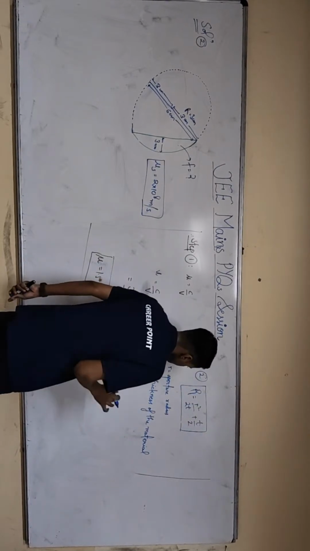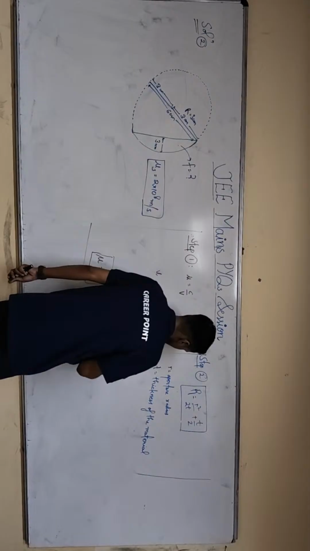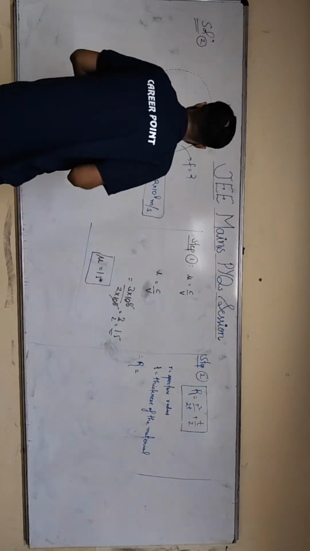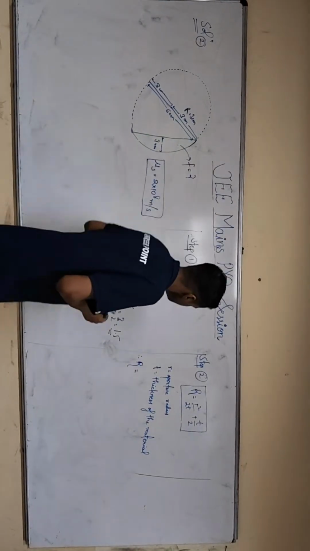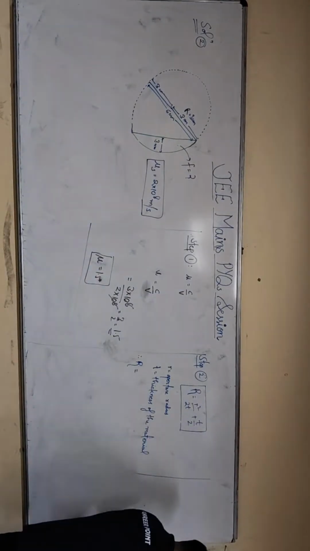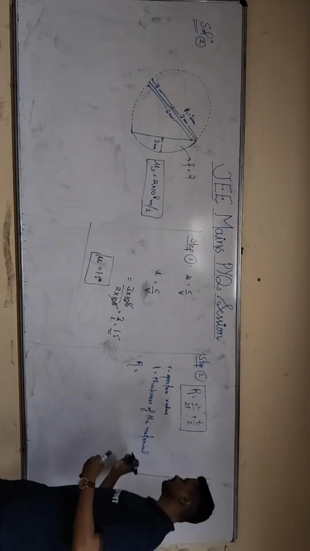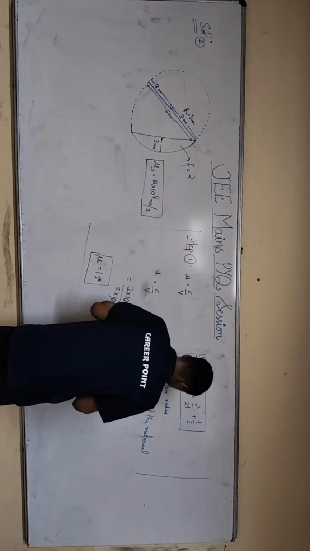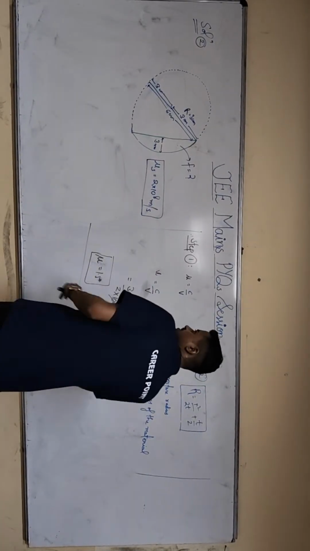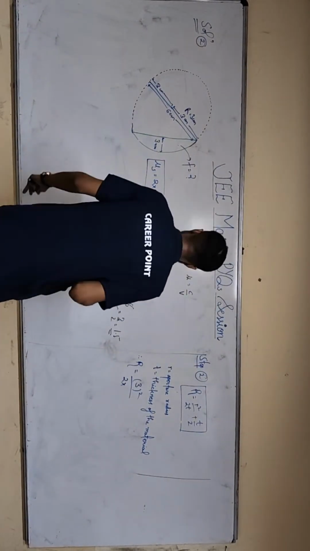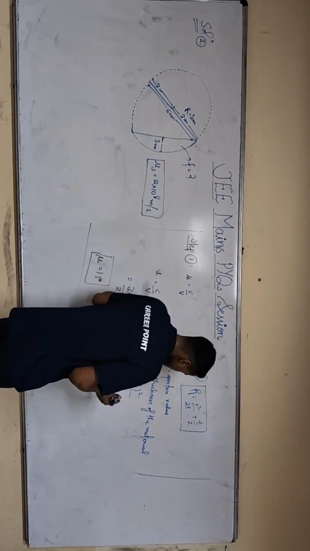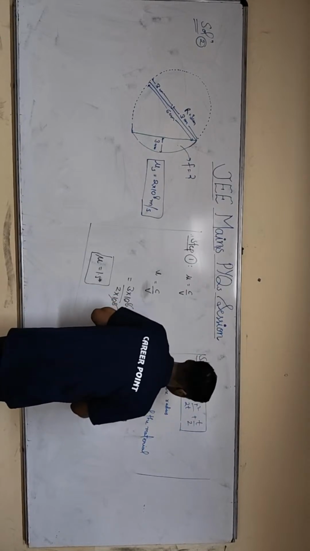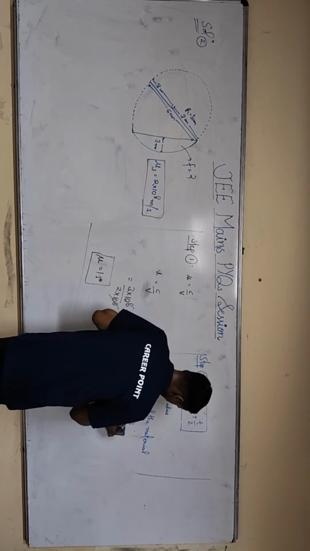So put the value and get your answer. R is equal to the aperture radius squared, as you know, 3 square, upon 2t, with thickness 0.3 centimeter, plus 0.3 by 2.